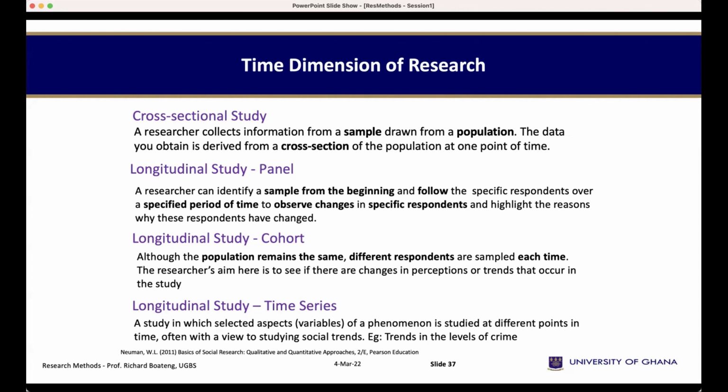So the cohort, although the population remains the same, I'm sticking to the UGBS 653, the different respondents are sampled each time I come around. The researchers aim to see if there are changes in perceptions or trends that occur in the study. But for the panel, I want to highlight why these things have changed for that specific respondent. So the specificity of the respondents matters in the panel study.